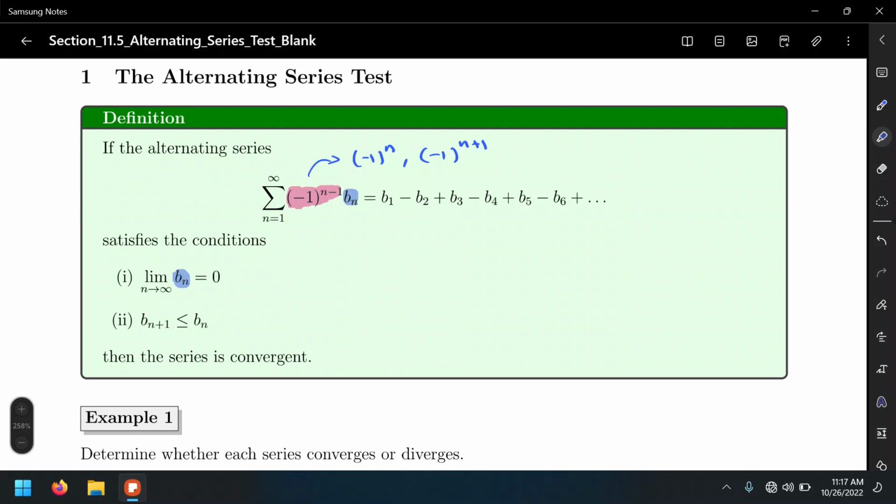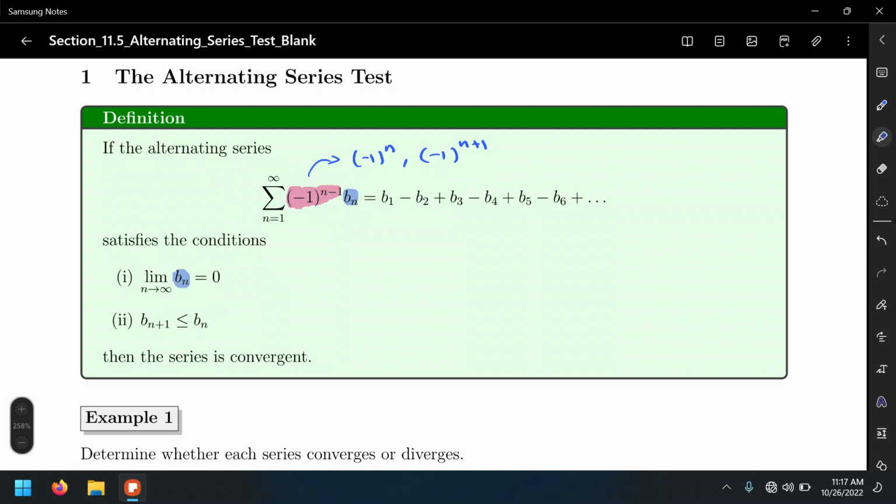And the second condition is that b sub n plus 1 is less than or equal to b sub n. What does that inequality essentially mean? It means that the sequence related to the infinite alternating series has to be a decreasing one.